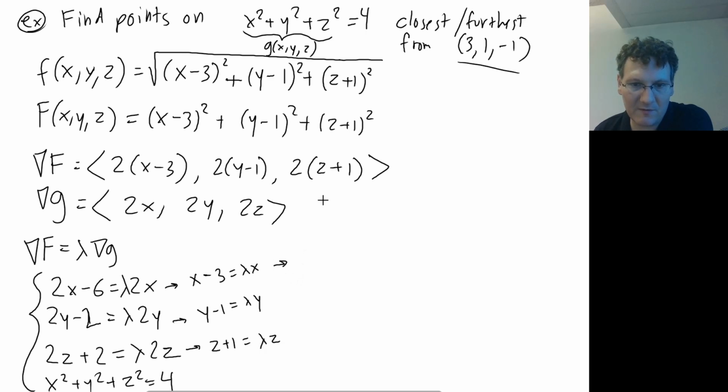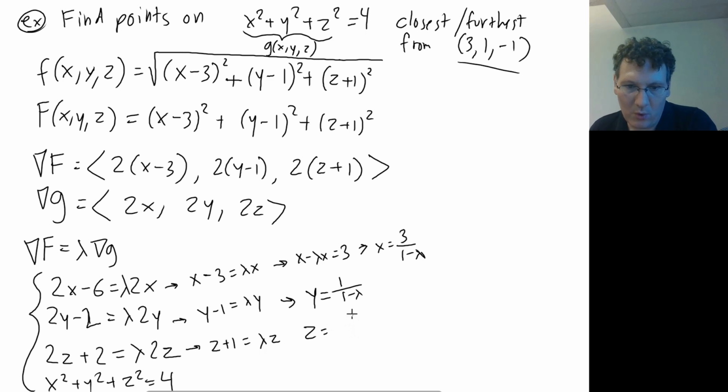For the first one, x minus lambda x equals 3, this gives you x equals 3 over 1 minus lambda. Similarly, for the second one, y is equal to 1 over 1 minus lambda, and z is equal to negative 1 over 1 minus lambda.